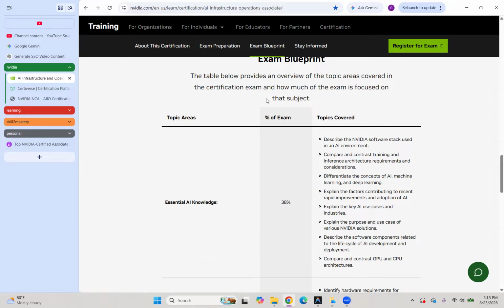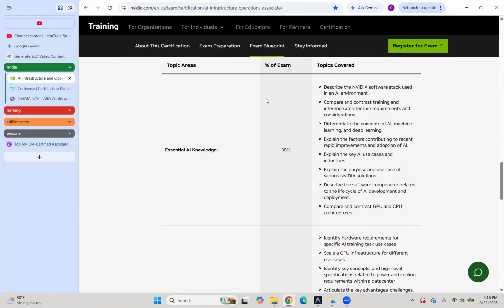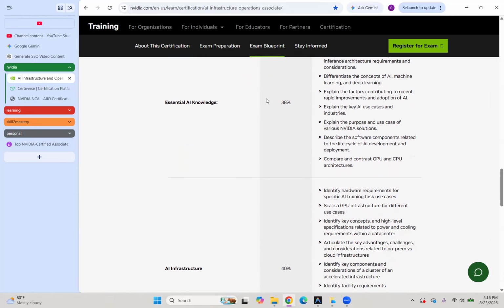So we have the H100, H200, DGX Spark. Those kinds of software stack, you need to understand. And also the comparison in terms of the inference architecture, what the requirements are, and also the concepts of AI, machine learning, and deep learning. Because people don't really understand the difference between AI and machine learning, you need to understand that, and also the AI use cases. And I mentioned the difference between a CPU and a GPU. So that's the AI knowledge.